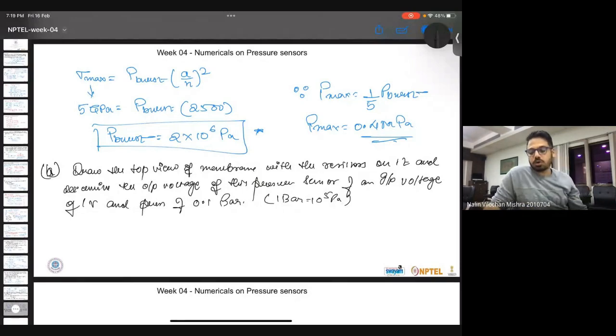So you need to draw the top view of this membrane, which has these 4 resistors on it.